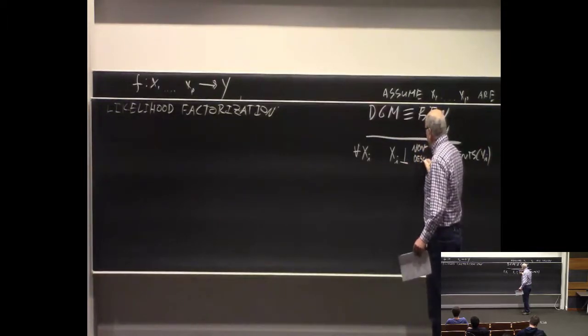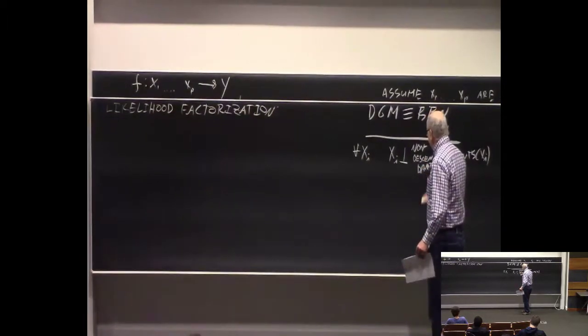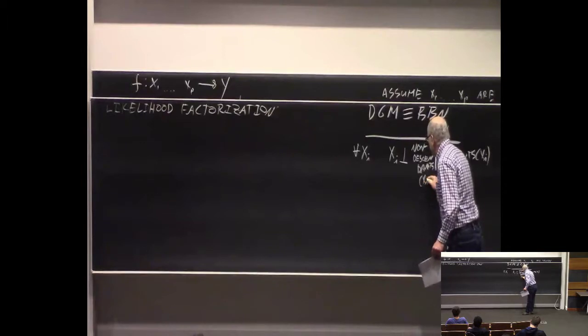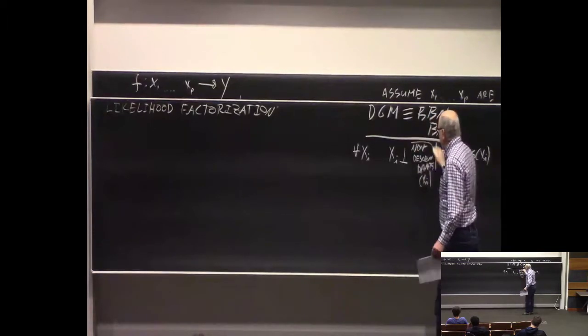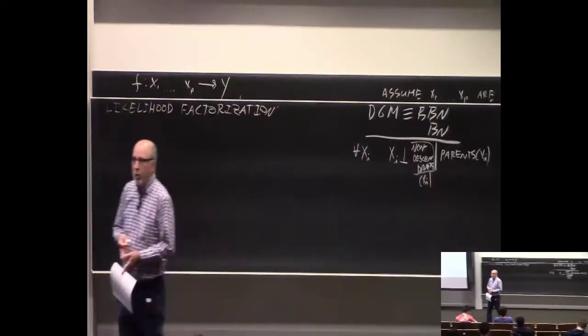I'll explain in a minute what I mean by descendants of xi. Non-descendants is anybody who you cannot get to from xi by going down.